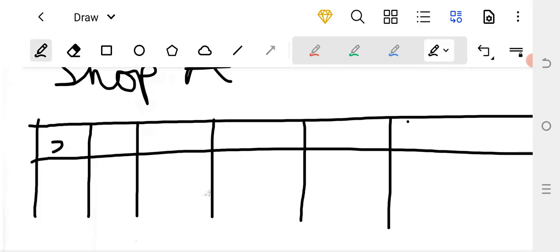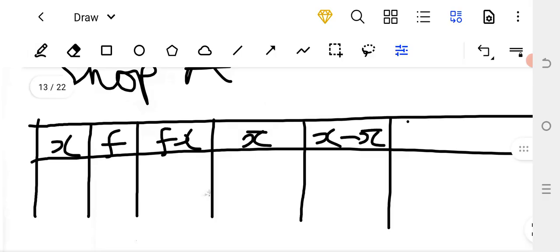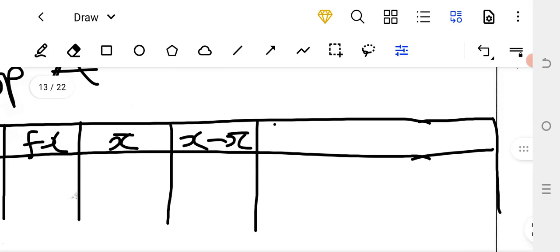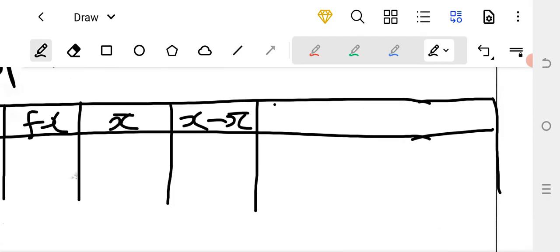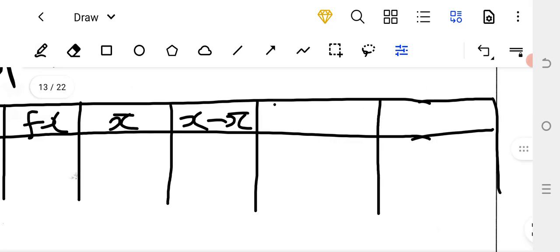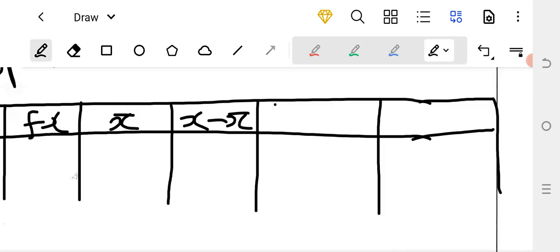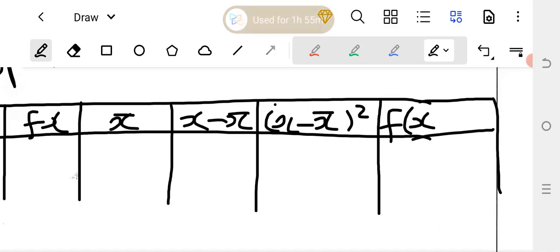So it means x, here I'm going to put f, here f times x, here x bar, which is the mean, then here the deviation from the mean for x, and then you are going to have another one here representing the deviation from the mean, which has to be squared, then f multiplied by the deviation from the mean squared.